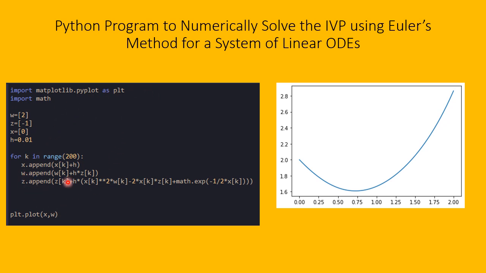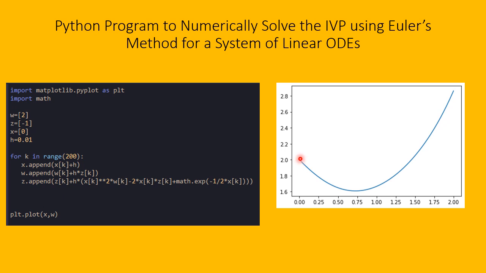So here is the program using Euler's method that we just saw. When we execute this program, this is the graph that is produced by this plot statement down here, plot x versus w. And we see it starts at 2 here.